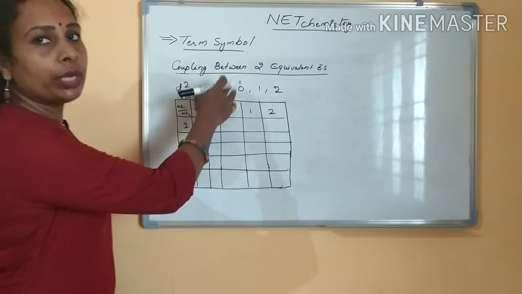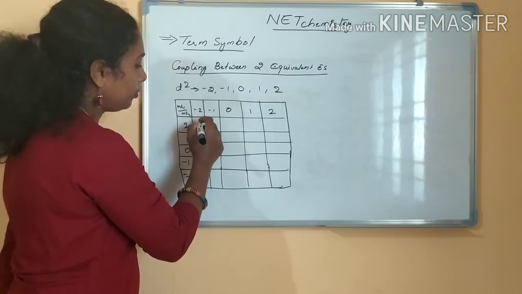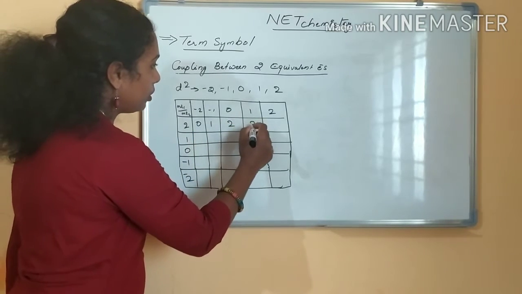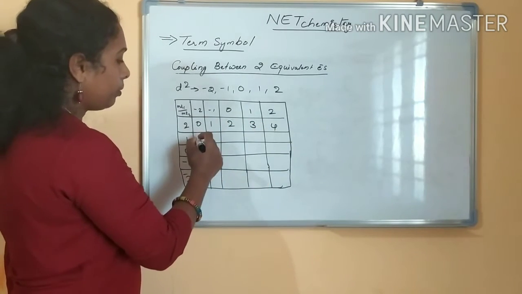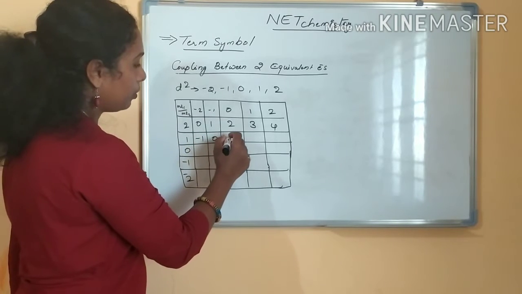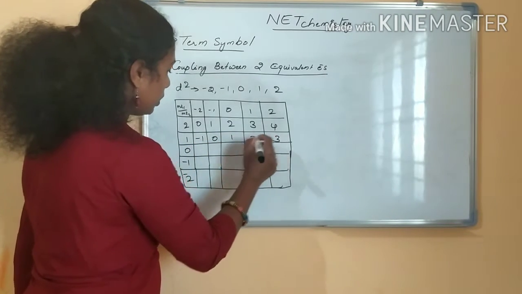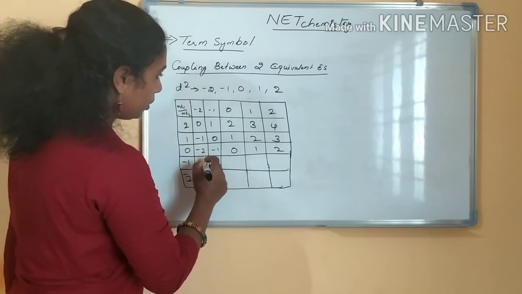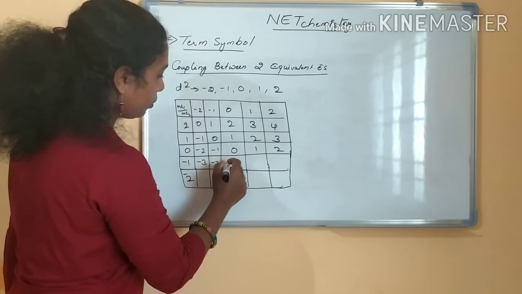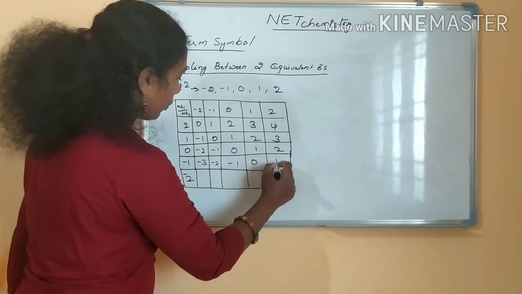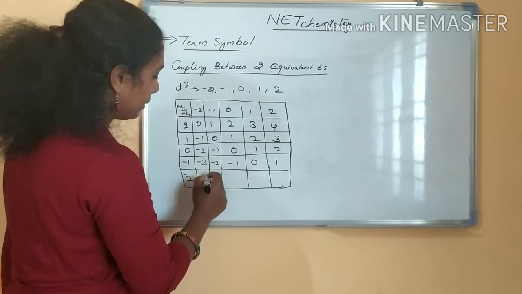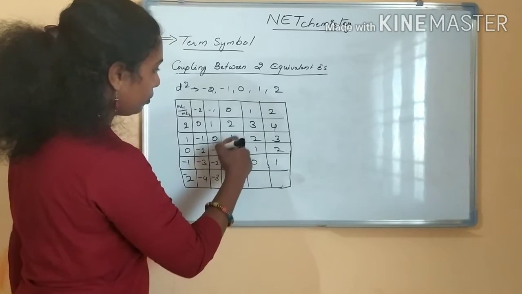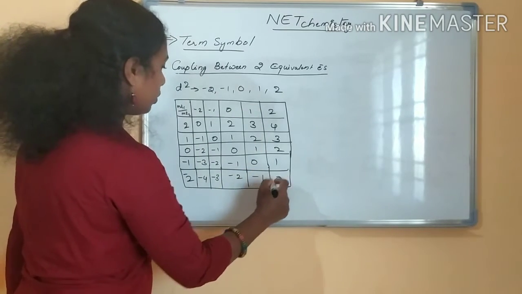Then what I am going to do, I am just adding up: 0, 1, 2, 3 and 4, right? -1, 0, 1, 2 and 3, -2, -1, 0, 1 and 2, -3, -2, -1, 0, 1, -4, -3, -2, -1, 0, right?